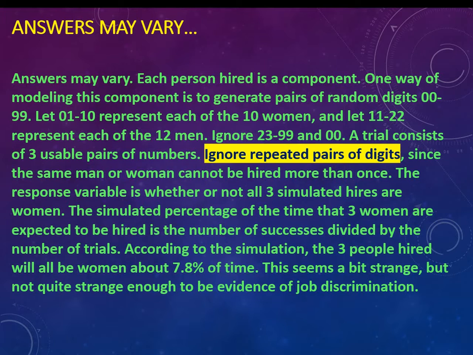Then I would say, this one says I'm going to look at a random number table. And to make my life easier, since I'm only interested in the numbers 1 through 22, I'm going to ignore all of the others. You can say, I only care about those numbers, so let's ignore everything else. Your percentages will work out. Or you could just say, I'm going to let the numbers 1 through 10 represent the women, 11 through 22 represent the men. It doesn't matter which order you put them in. It's okay.